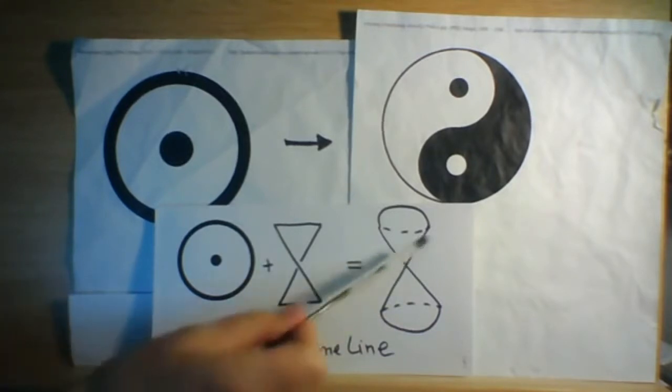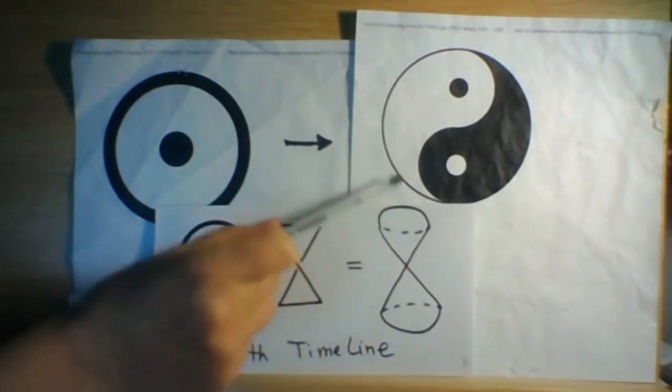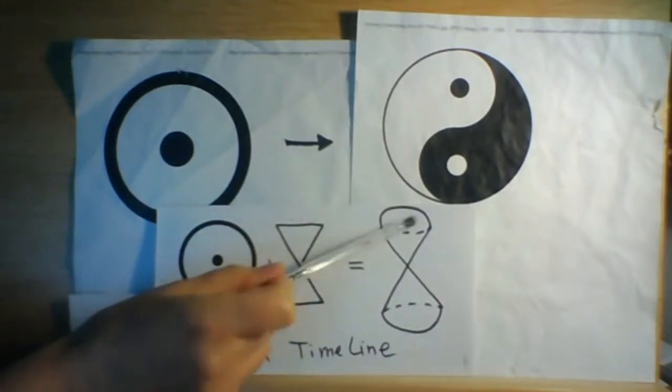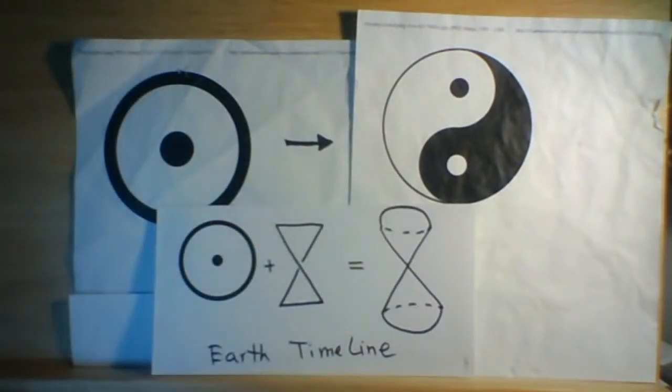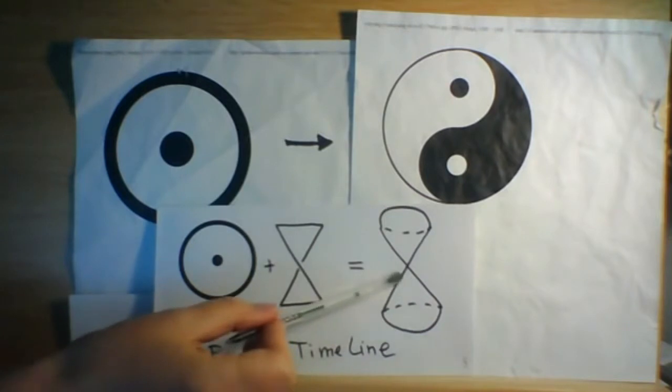When you look at this infinity symbol from the top, I'm going to give you an example. You've all probably seen an hourglass of time with the sand in it. That is actually this symbol right here.